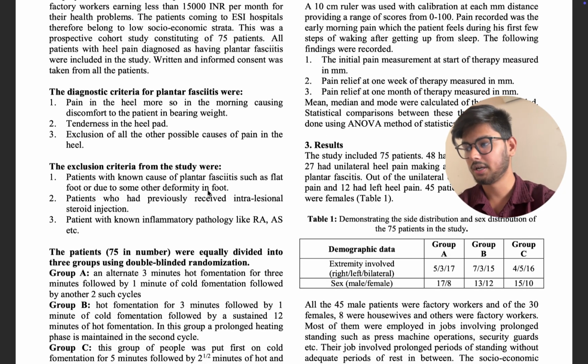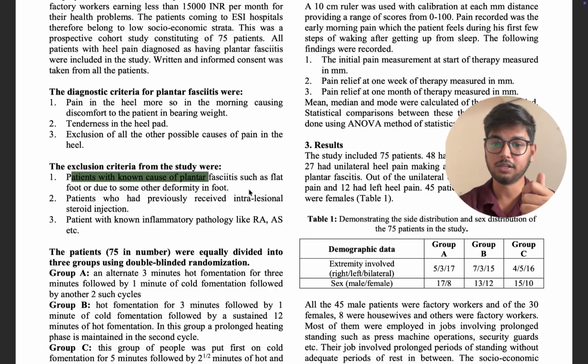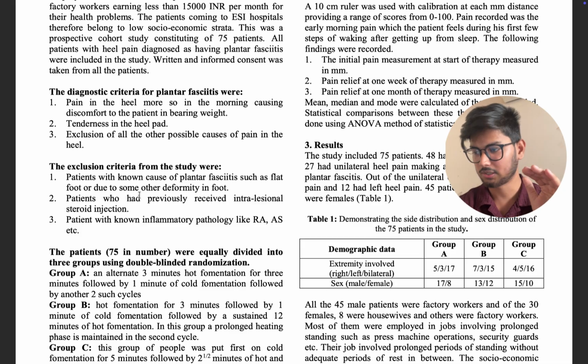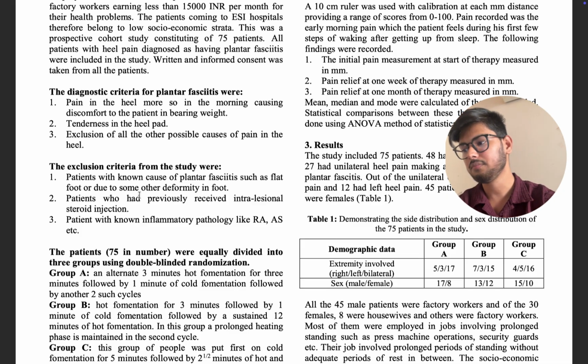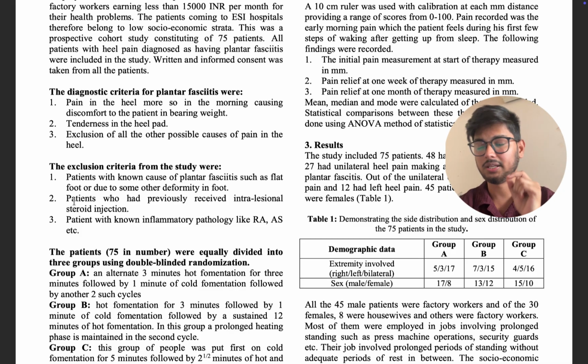So in exclusion criteria, you can see patients with a known cause of plantar fasciitis, such as flat feet or some other deformity in the foot, were straight excluded out of the study. Patients who had previously received any kind of injections were also excluded. And patients with known inflammatory pathology like rheumatoid arthritis or ankylosing spondylitis were also ruled out and excluded from the study.